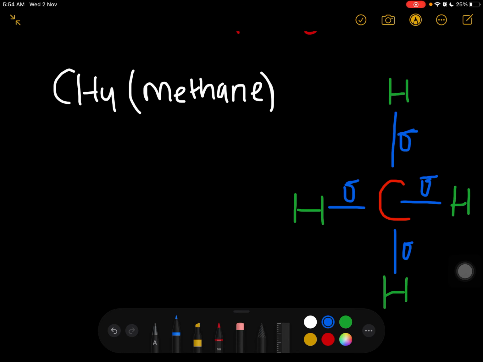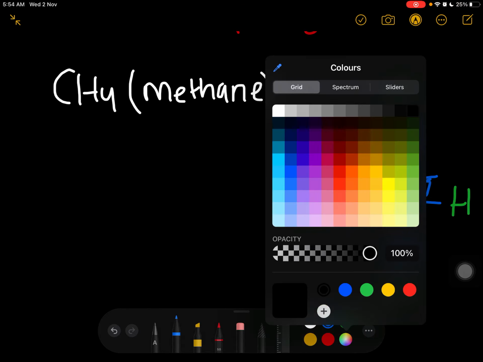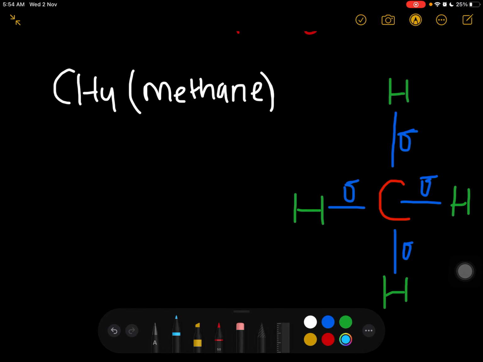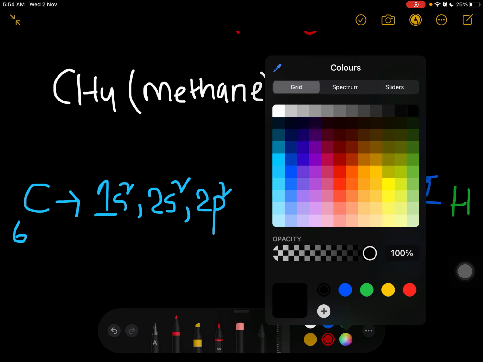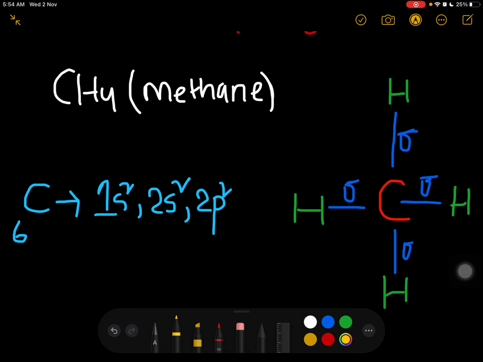So let us first see the configuration of carbon. We know that the atomic number of carbon is 6, so here 1s2, 2s2, 2p2, right? Now let's make the orbitals over here.